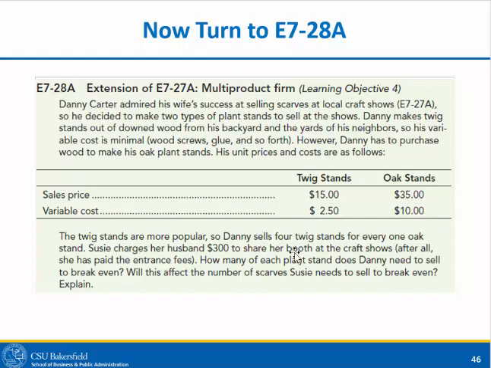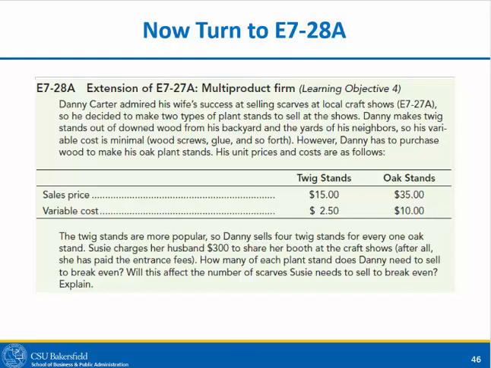So that means Susie has only $1,000 fixed expenses now instead of $1,300. So it's a lot less. In that case, Susie does not have to sell that many to break even after receiving $300 from her husband. It's going to be a lot less because the fixed cost becomes less. Susie can sell less to break even now. So that's actually the answer to that question.